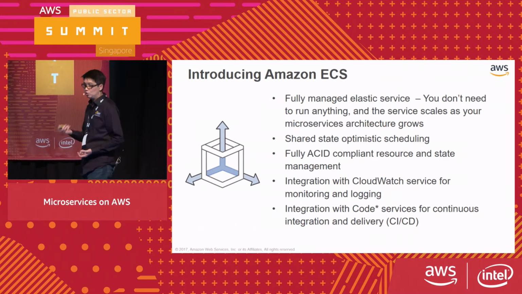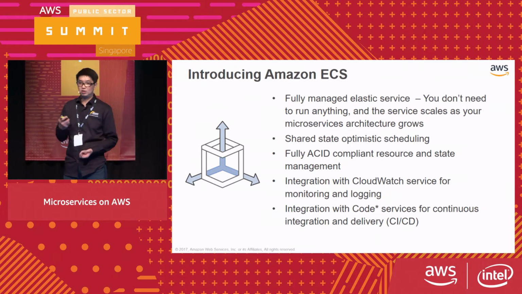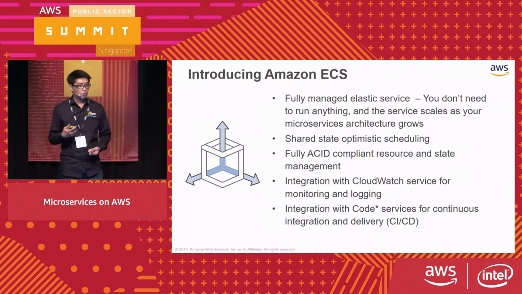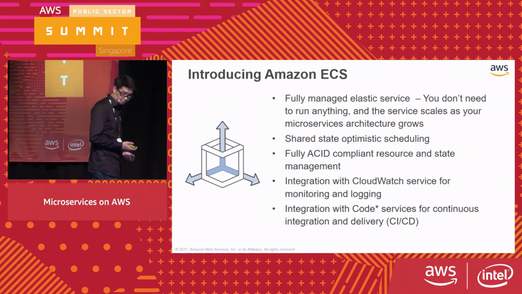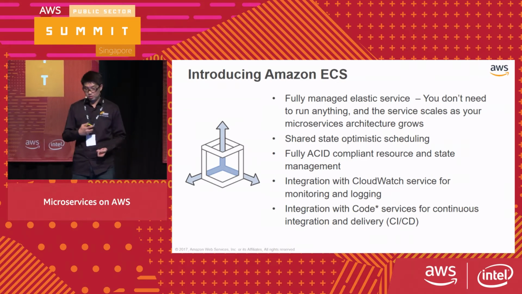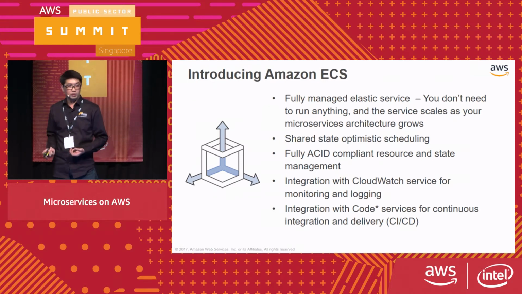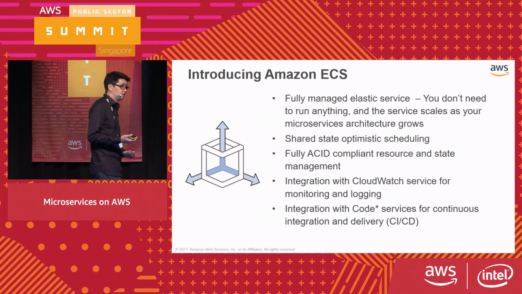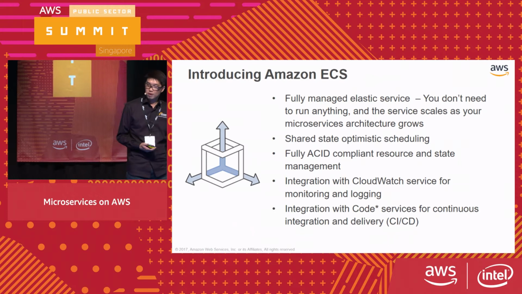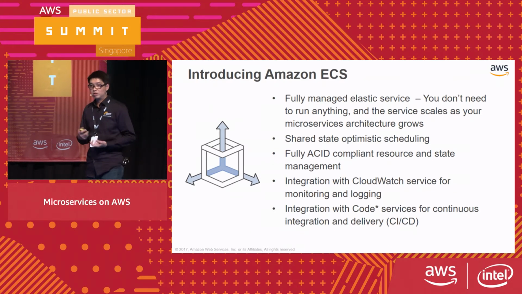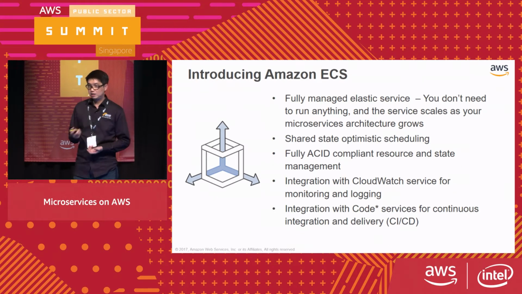So if you are used to having CloudWatch monitor your EC2s, there's no difference in how CloudWatch monitors the rest of the services as well. And lastly, if you have DevOps practice in place, you can integrate with the CodeStar services. These are services like CodeCommit, CodeBuild, CodePipeline, CodeDeploy. Or alternatively, it can work with some of the third-party CI/CD tools as well.